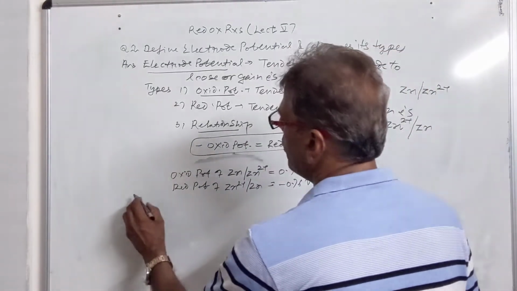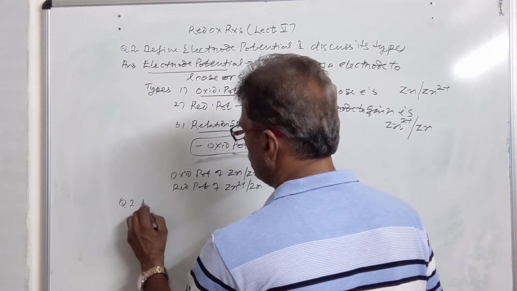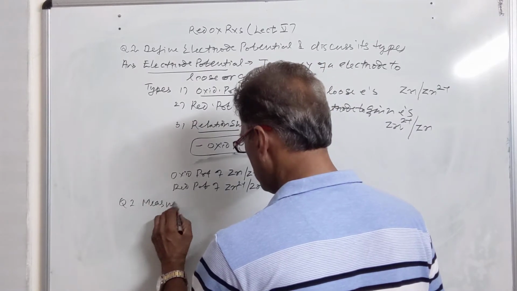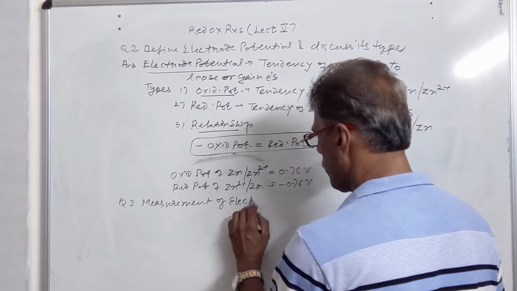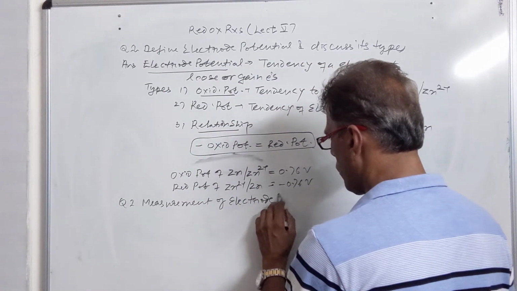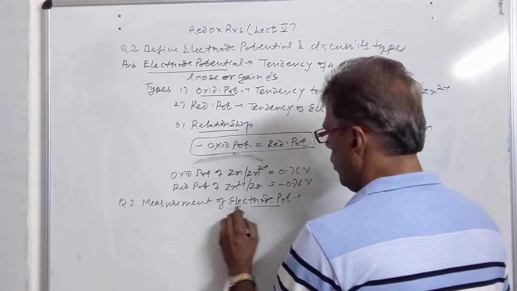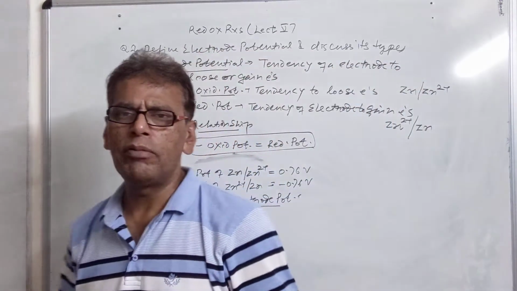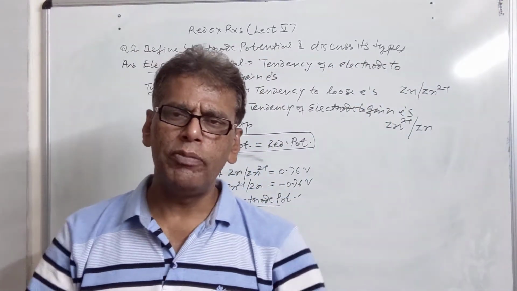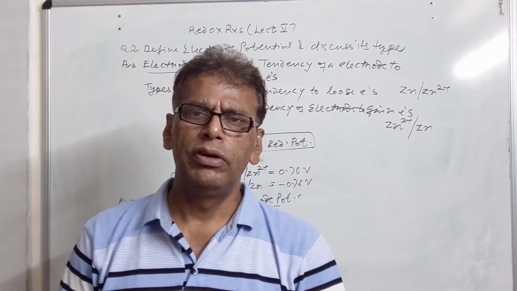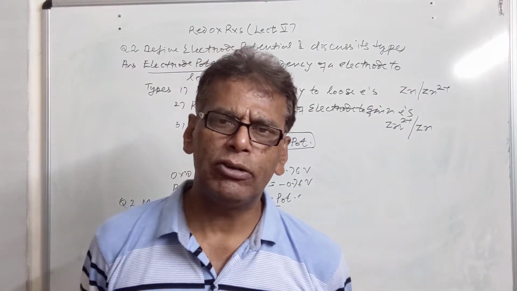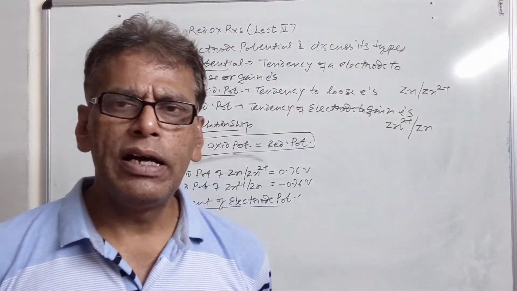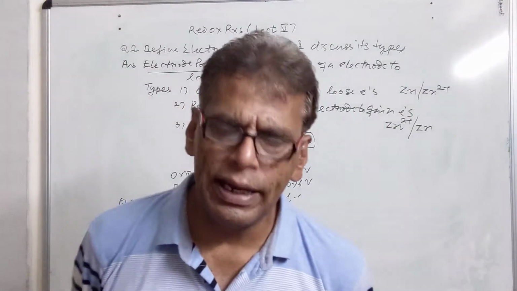Now measurement of electrode potentials. For the purpose of measurement of electrode potential, there should be some standard electrode which is coupled with the other electrodes to find out their tendency to release or to gain electrons.